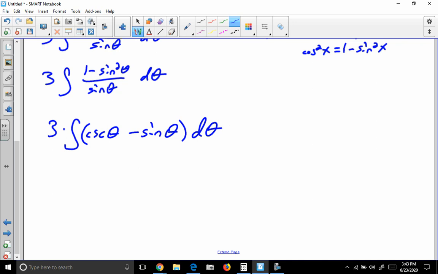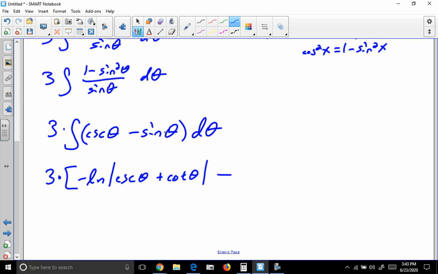Now we just need to integrate both of these. Let's see, cosecant is not one of our standard antiderivatives that we're used to doing. The cosecant, if we look that one up, integrates into negative natural log absolute value of cosecant theta plus cotangent theta.